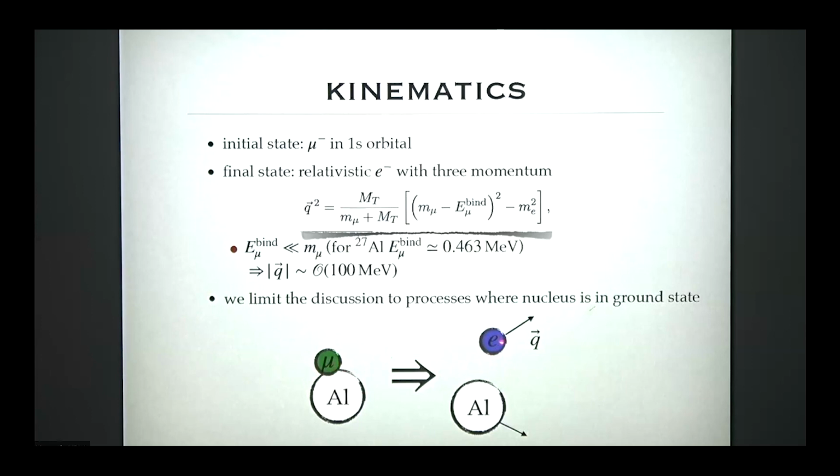That means the electron is ultra-relativistic, while a very small amount of kinetic energy goes toward the nucleus, which mostly just takes off the momentum exchange. We look at aluminum. The binding energy is a small correction, roughly the mass of the electron, so you can basically neglect it here. This will be true for almost any nucleus. This Q will be about 100 MeV, changing by about 5%.